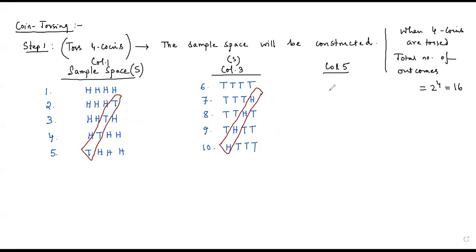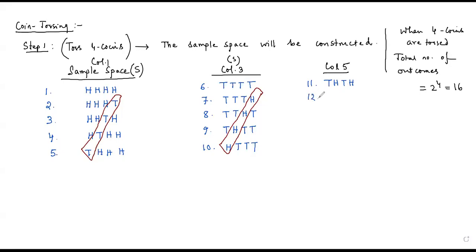Why am I writing column 1, 3, and 5? Because in between column 1 and 3, I'm going to put something else. So I'm naming it column 1, column 3, and column 5. Don't think that it is a mistake. Then the 11th outcome that I can take is TH, TH. This is one outcome.